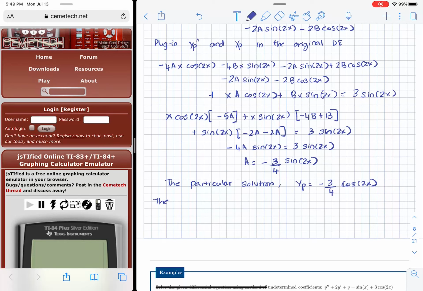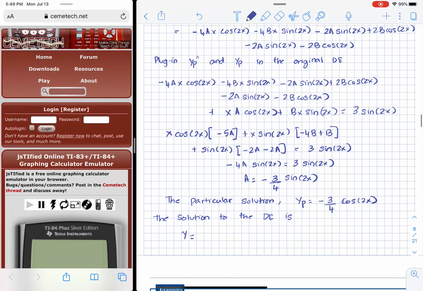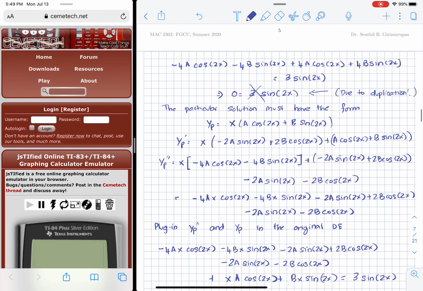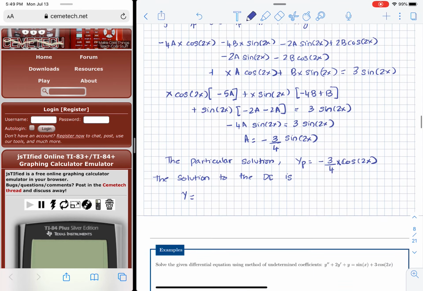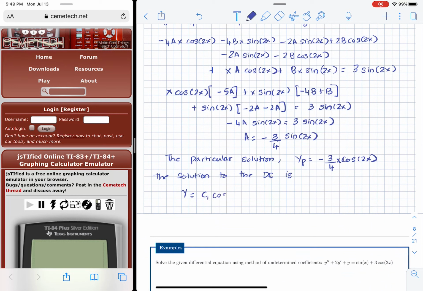So the solution to the DE is the complementary solution, which we found earlier, c1 cosine 2x plus c2 sine 2x, and the particular solution, minus 3 over 4 x cosine 2x.